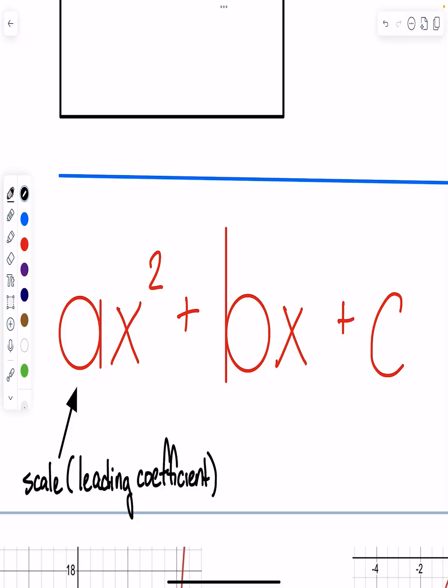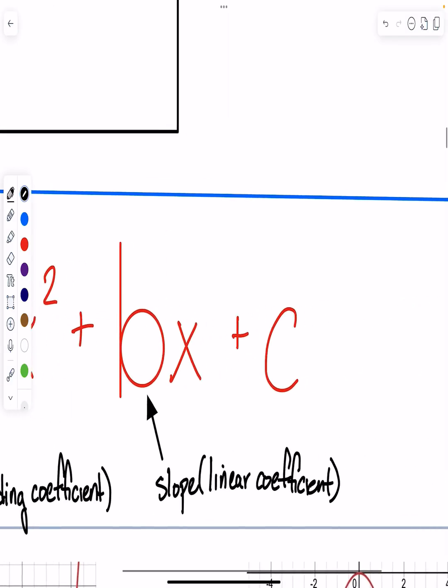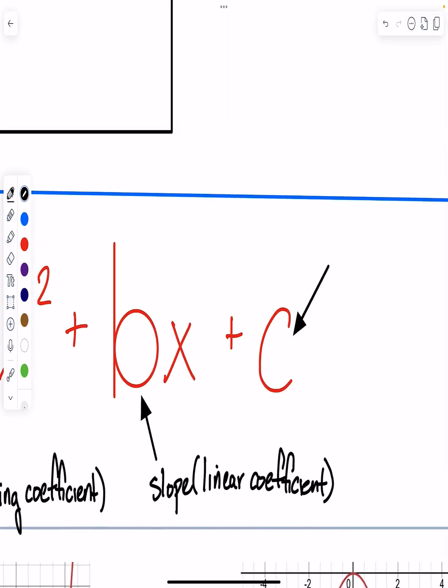We'll define what scale means in just a second, what it does. B is your linear coefficient or your slope. And then your C value is your y-intercept, so wherever you cross the y-axis.